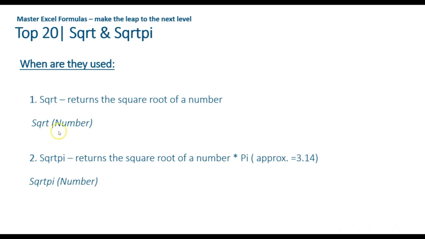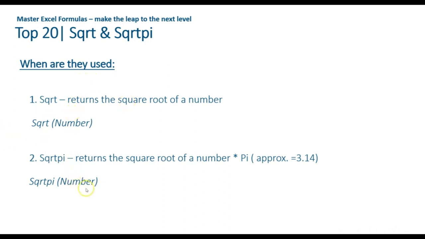The structure is you purely have to type in the formula and then enter a number inside the brackets, whereas SQRT pi does return the square root of a number, but before giving you the final outcome, it actually multiplies it by pi. The approximate value of pi is 3.14. The structure is the same as the SQRT number.